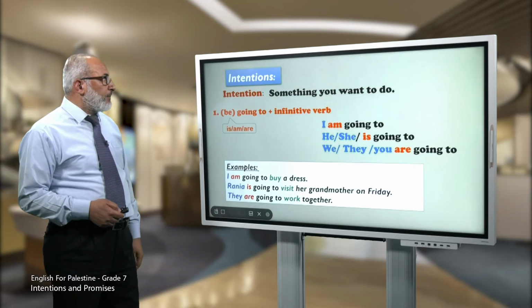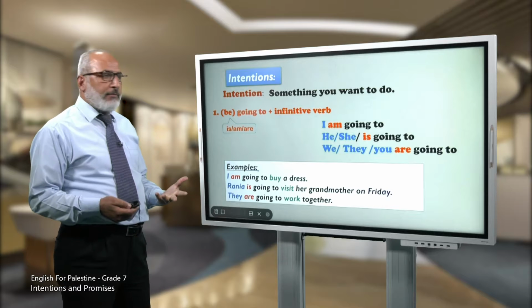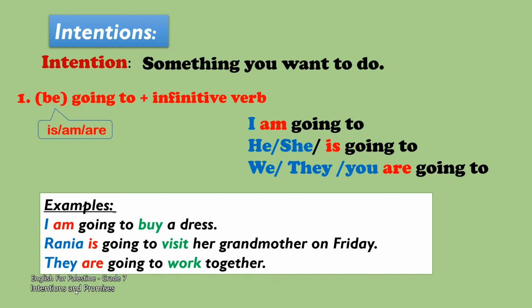Let's start. First of all, intentions. What do you mean by intentions? Intention is something you want to do. And in English, we have two structures to talk about intentions.